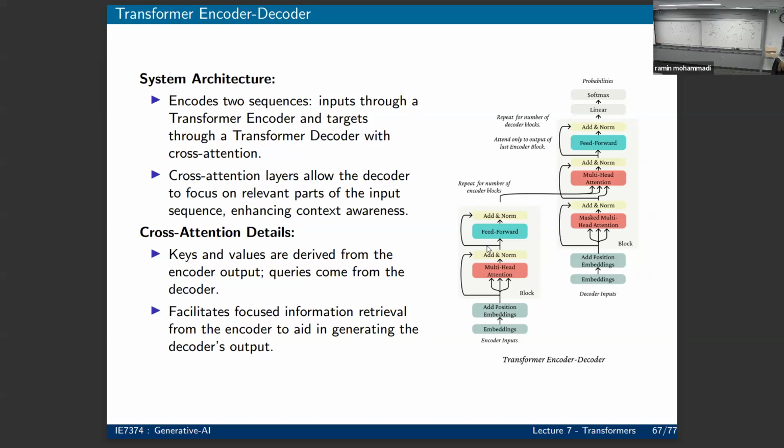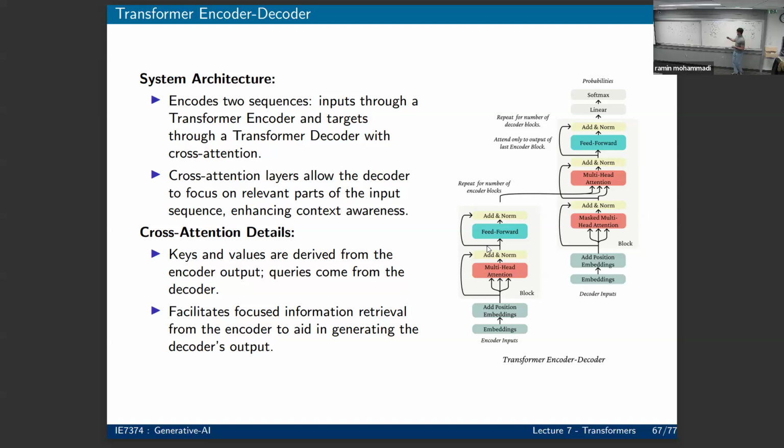The encoder is the same encoder, encodes everything, and produces outputs, where every output is a vector, a contextual representation of the word.